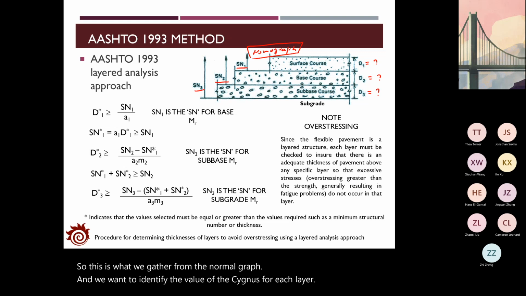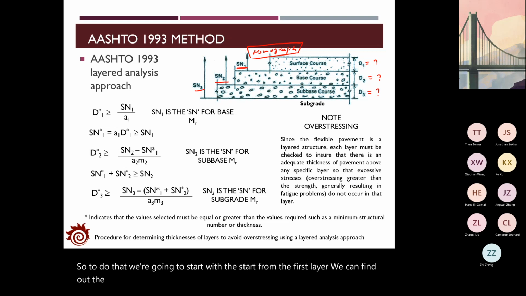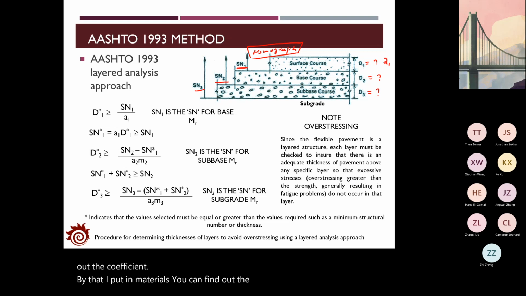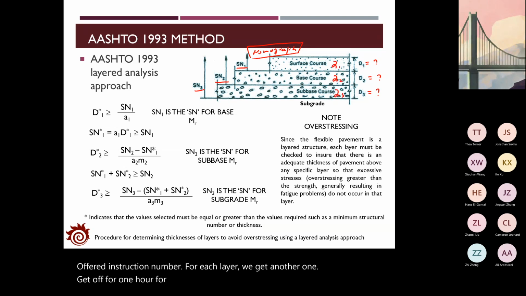To do that, we start from the first layer. We can find out the coefficient by the type of the materials. We can find out the coefficient for the structure number for each layer. We get alpha 1, alpha 2, and alpha 3. And the thickness of the first layer will be the ratio of SN1, the structure number of the first layer, divided by alpha 1.